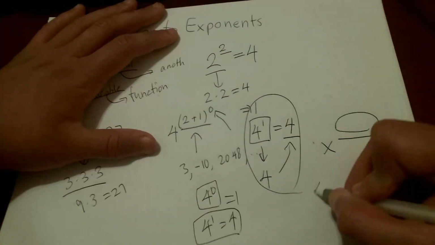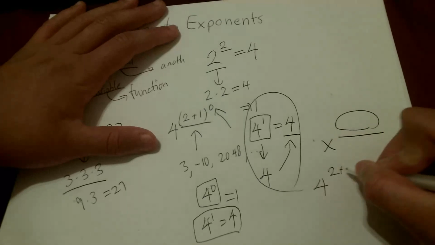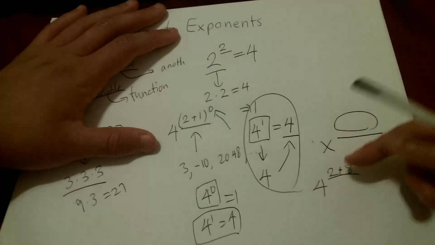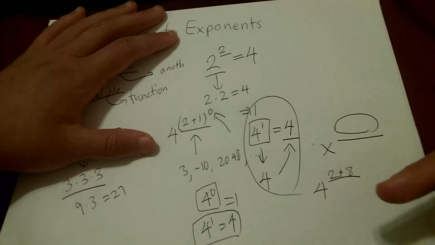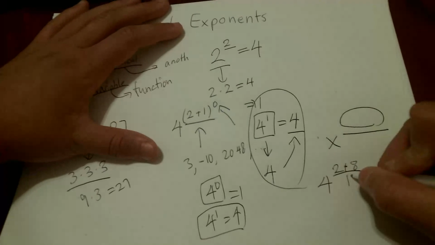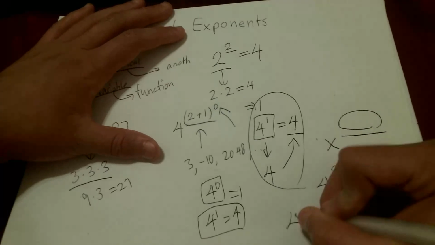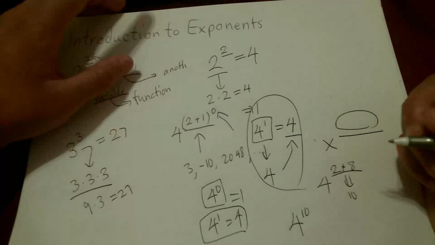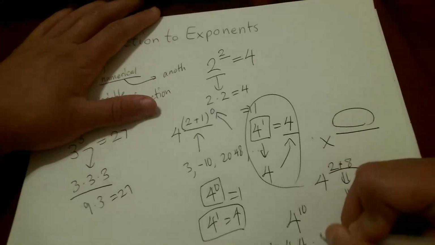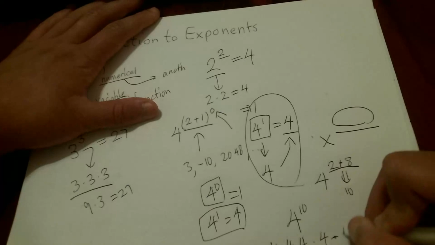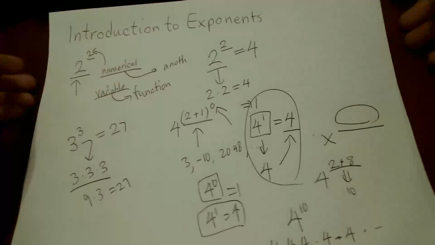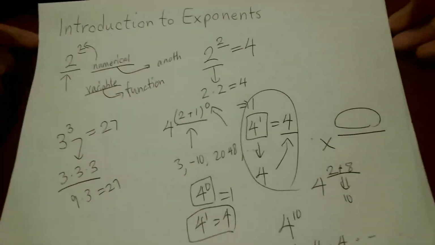So say if we had 4 to the power of 2 plus 8, we would have to solve 2 plus 8 before we can solve 4 to the power of that. So 2 plus 8 equals 10. So then we would solve 4 to the power of 10. Now this would be 4 times 4 times 4 all the way to 10, and so on. So I'm not going to solve that because that process will be quite tedious.